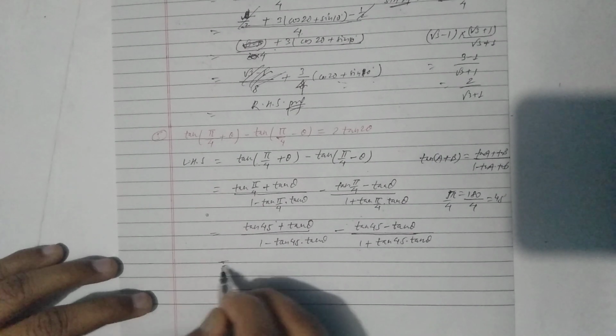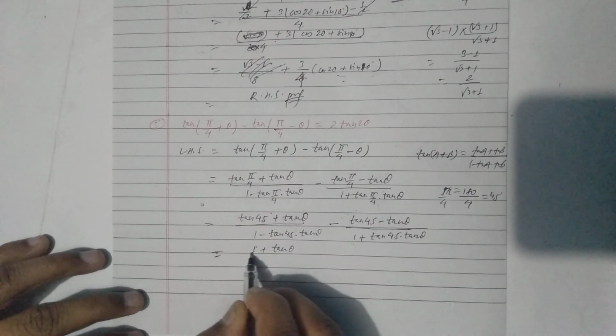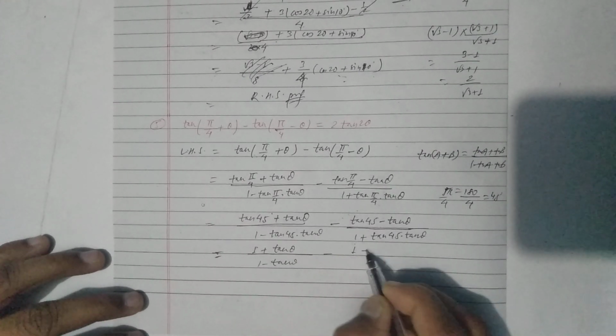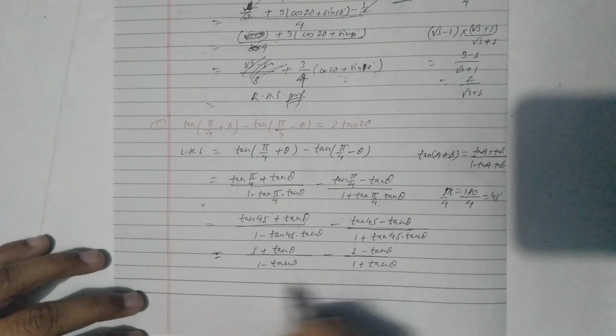Now we know tan 45 equals 1, so (1 plus tan theta) upon (1 minus tan theta) minus (1 minus tan theta) upon (1 plus tan theta).